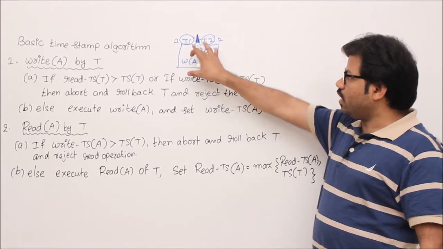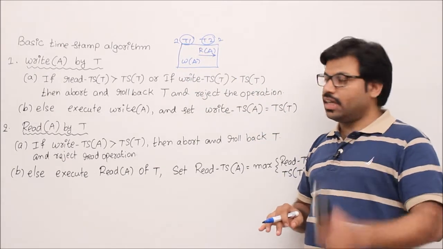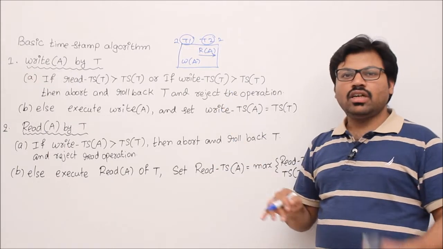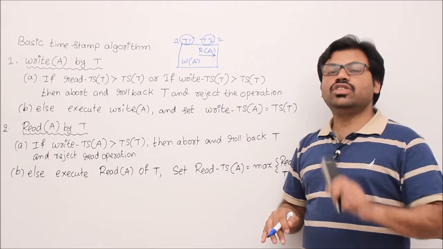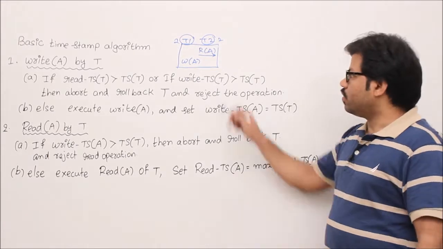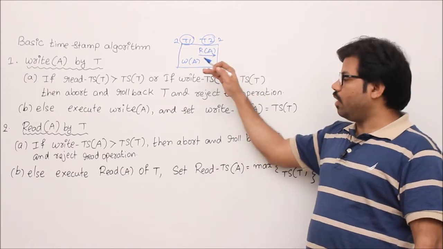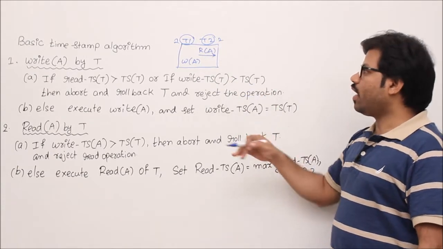So what is the problem with this one, why is it not allowed? The condition of the timestamp algorithm is that the order of execution should follow the timestamp ordering. Now this is not timestamp ordering. Really, in timestamp ordering, if they had performed these things, what happens?